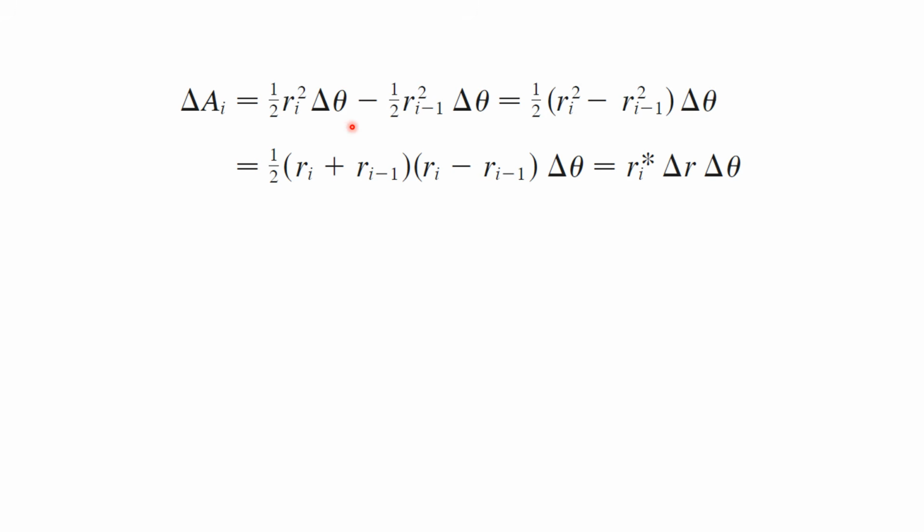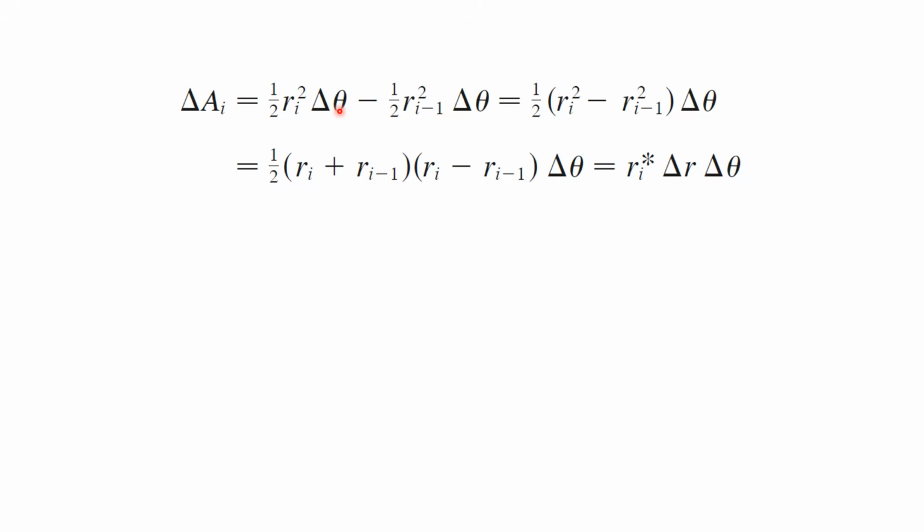So you have one half of r sub i squared change of theta minus one half of r sub i minus 1 squared change of theta, which is equal to, just simplify, we have the common theta.